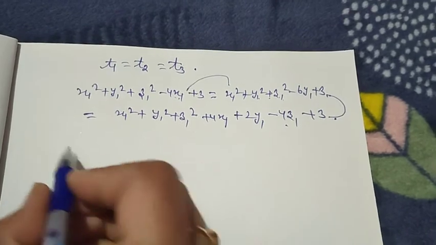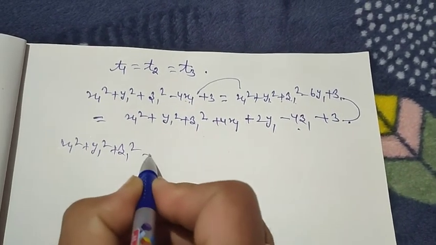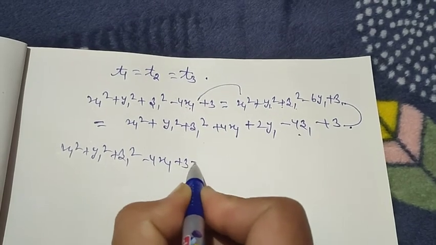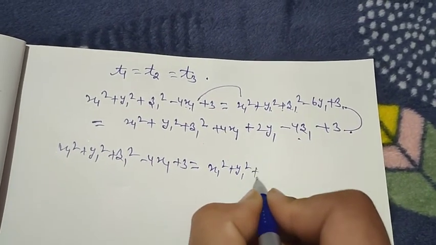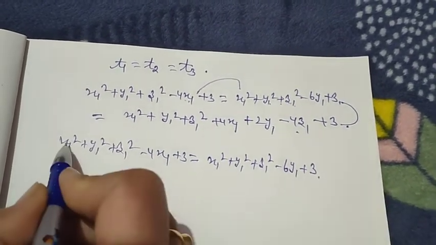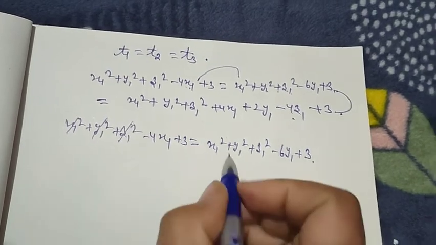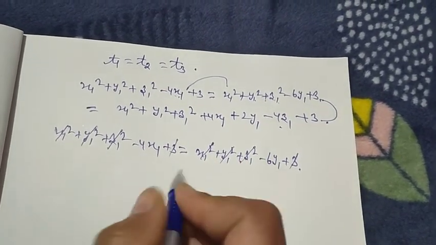From the first two relations, x1 square plus y1 square plus z1 square minus 4x1 plus 3 is equal to x1 square plus y1 square plus z1 square minus 6y1 plus 3. The x1 square, y1 square, z1 square cancel out, and 3 and 3 cancel out.